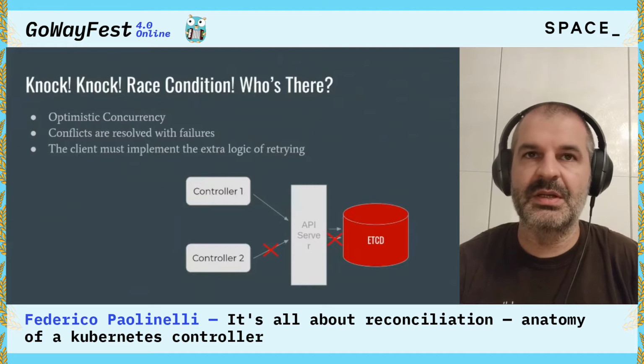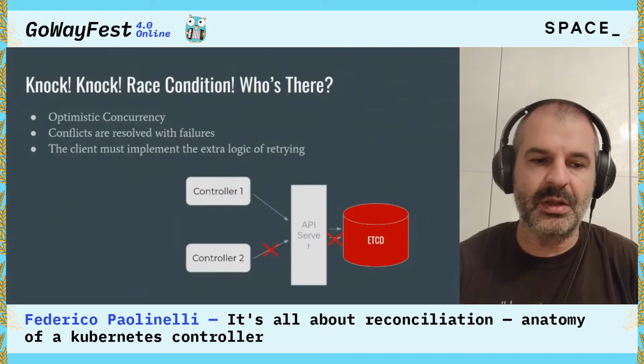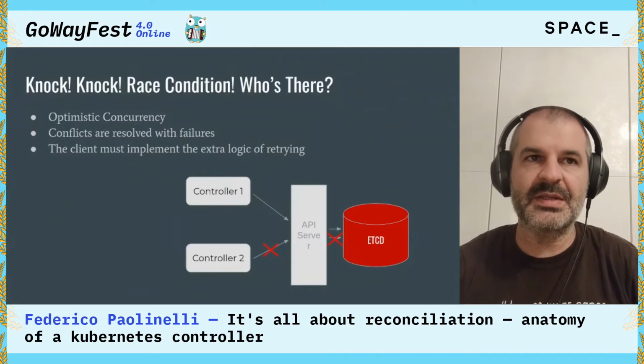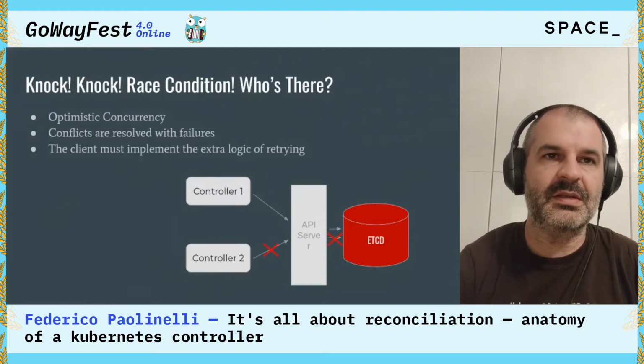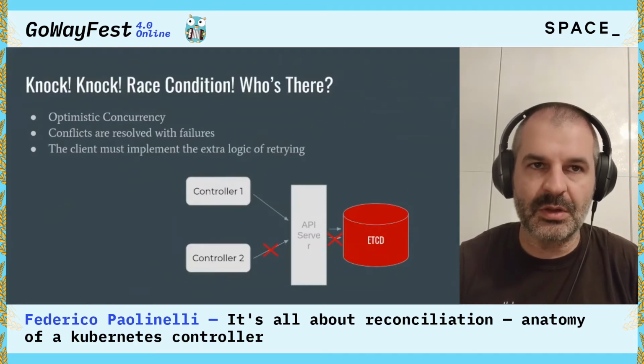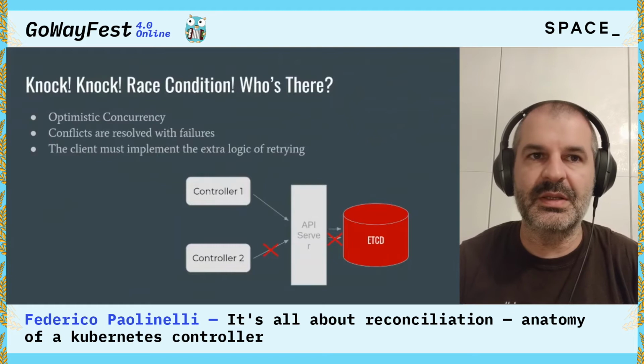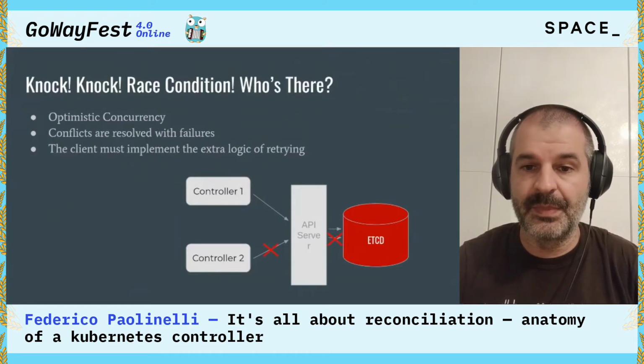That's done because the number of reads is expected to be a lot more than the number of writes, and what happens when you have a conflict is that the second controller receives an error and it's asked to retry the write.